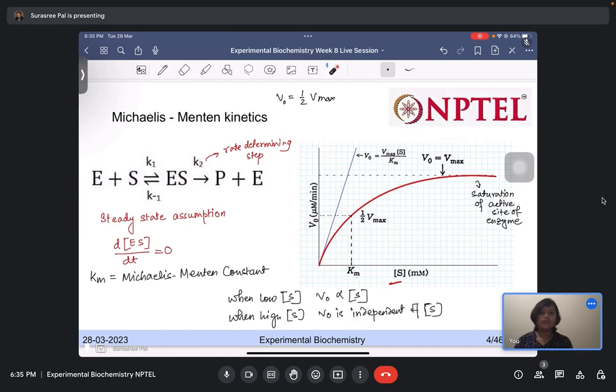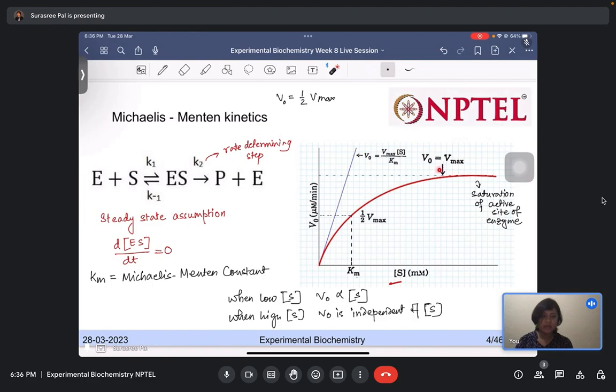So this Michaelis Menten curve states that when we increase the substrate concentration, initially the velocity of the enzyme will increase, but after a certain point, even with increase in substrate concentration, the velocity will not increase. Therefore we can say that this enzyme has reached its maximum velocity.